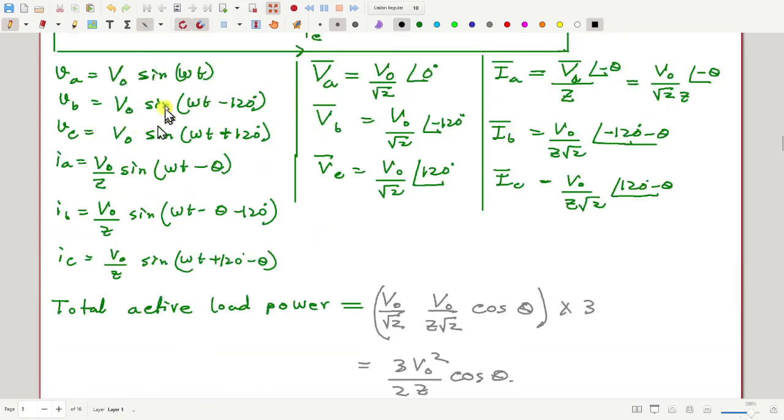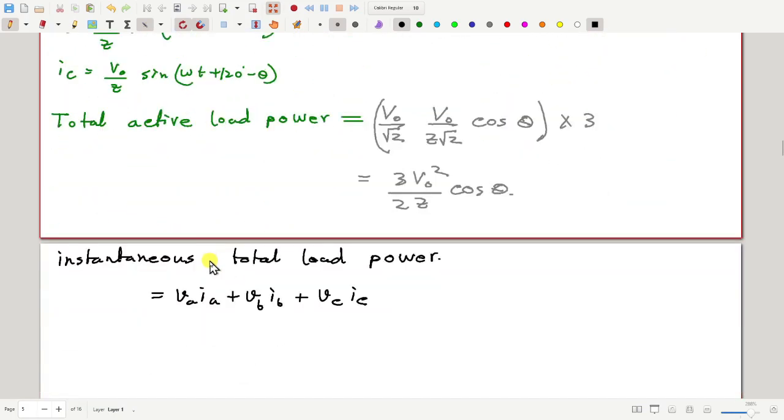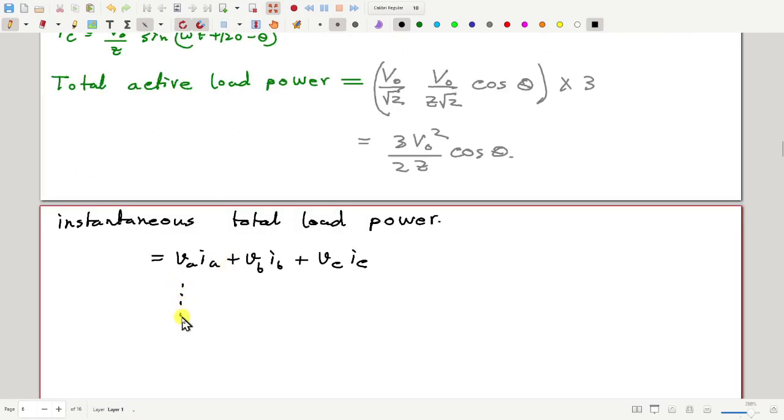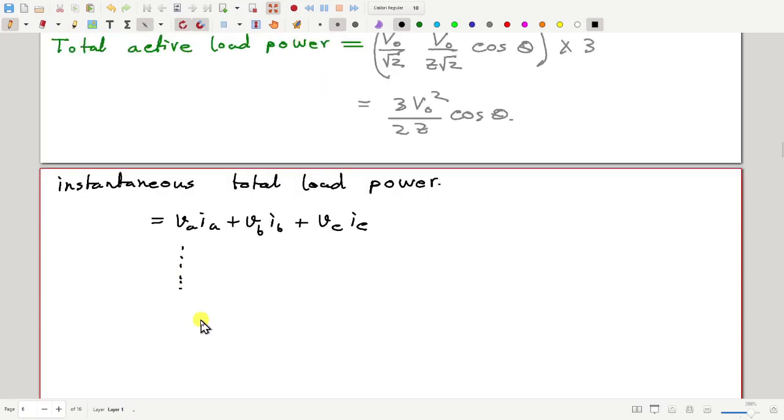All are given here. So you multiply them and add them and do some trigonometric simplification, which will take maybe half a page of calculation. These are all functions of time.